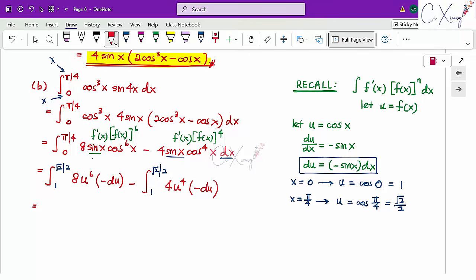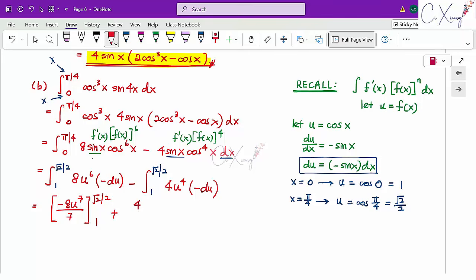I have negative 8 u power 6. So integrating u power 6, you'll have u power 7 divided by 7. Then you have to put in the limits of root 2 over 2 and 1. For the second term, negative and also the negative at the back, multiplied together, become positive.